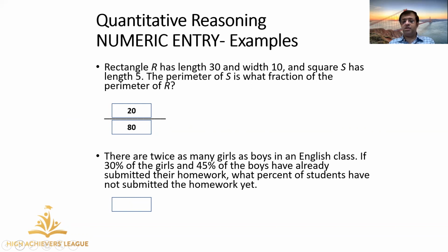The question asks us to find the answer as a percent. So 195 divided by 300 multiplied by 100 should give us the answer, which will be 65%. So this is one way that we could do this question, and I hope you got what I wanted to explain.